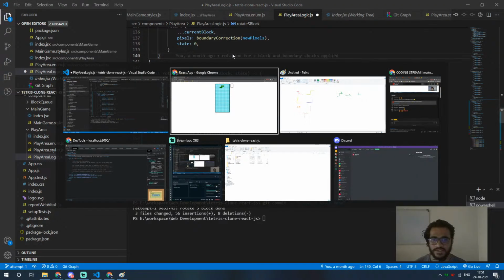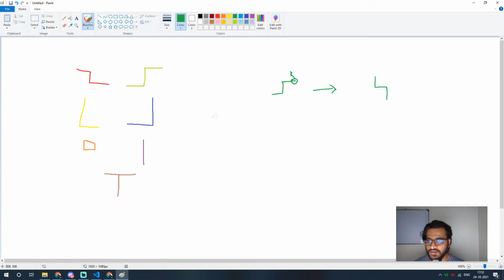Anchor points, let me tell you what anchor points are. Those points in Z block. When the blocks rotate, there is always going to be one block, one point pixel which is going to stay the same.